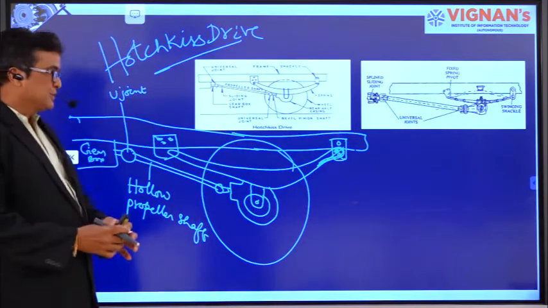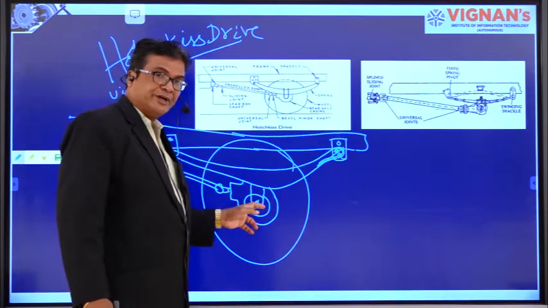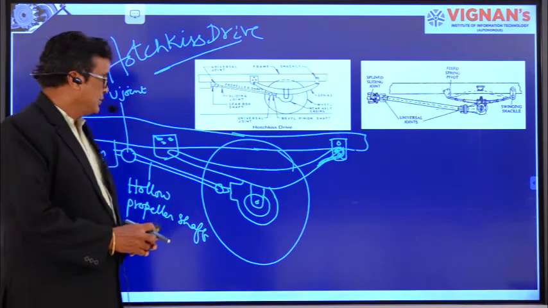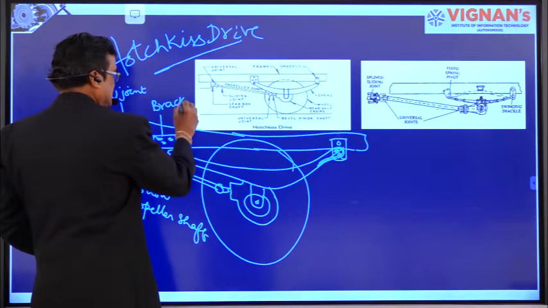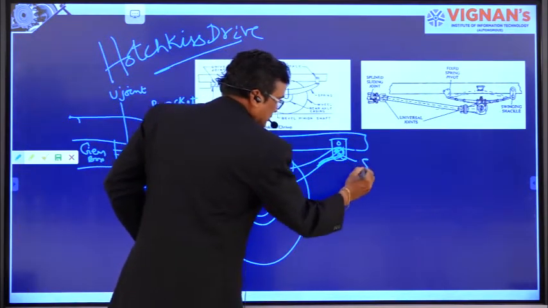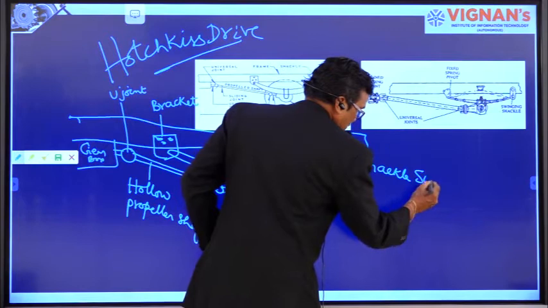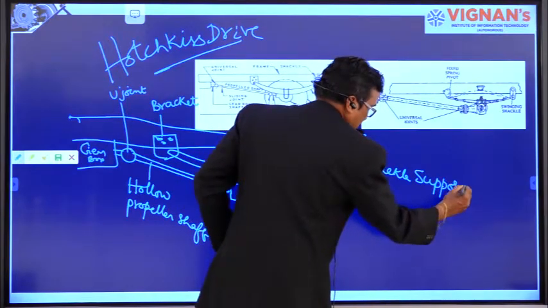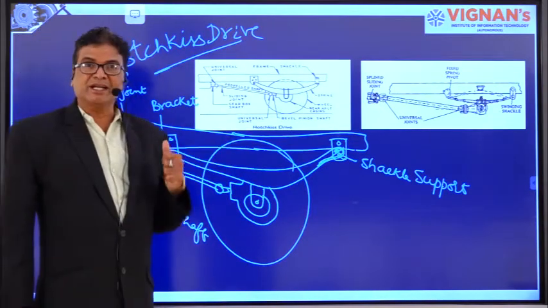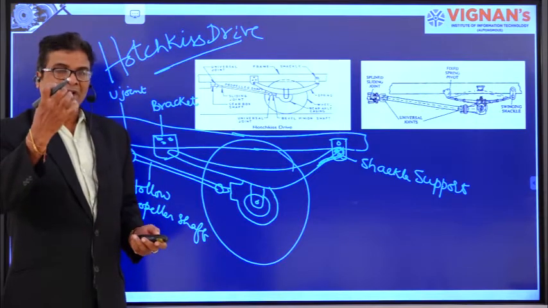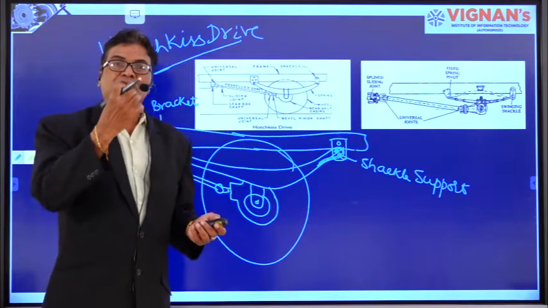So the Indian cars are provided with the rear axle supported by two supports. One is the fixed support called the bracket support, and another one is the shackle support. The main use of providing the shackle support is this. Shackle means the structure which is provided in the mouth of the horse.